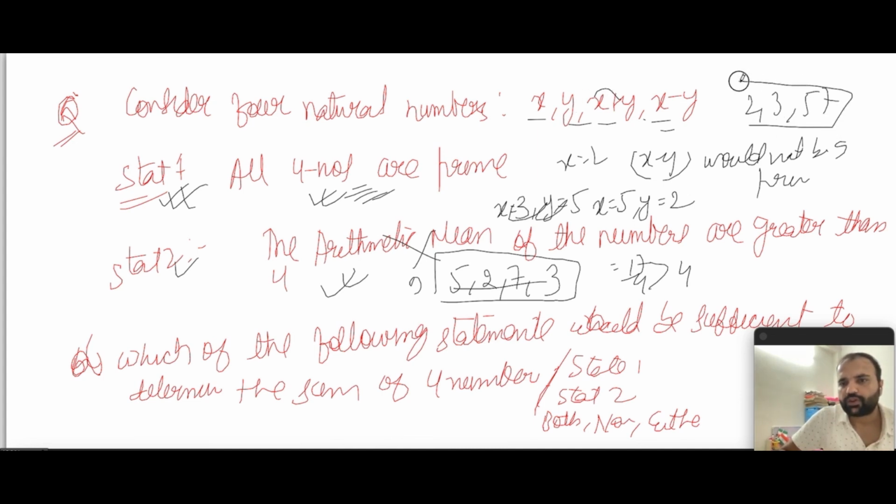Any other combination we try, we will not get the desired result at all. So this is the only combination that suits, and that we have taken. We are pretty sure this is the number, so we could easily find the sum even without the second statement. Although statements 1 and 2 are both correct, statement 1 is sufficient for us.